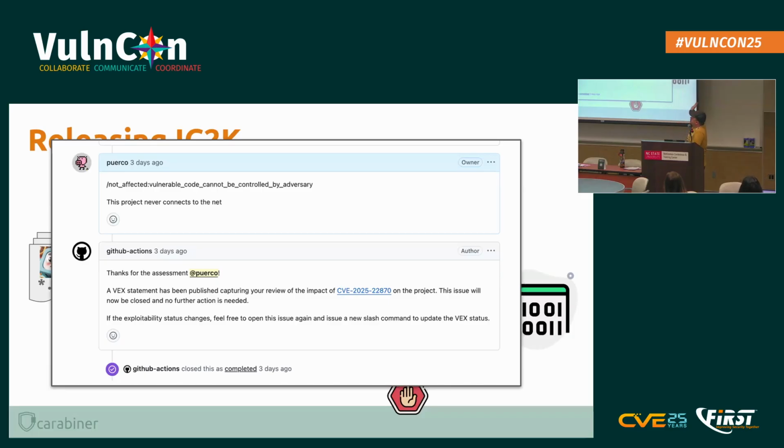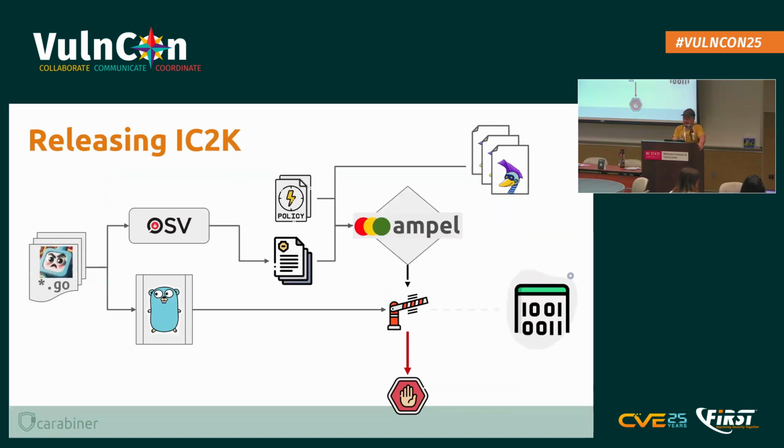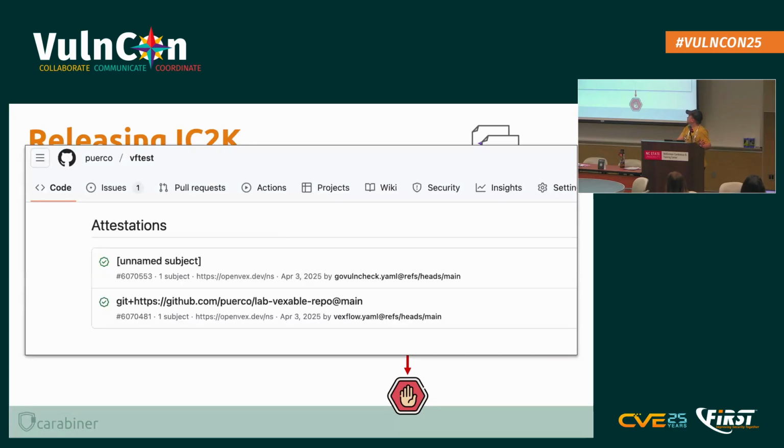After someone authorized in the owners file issues the assessment, the bot comes in, picks up the assessment that they did, transforms it to OpenVEX, and pushes it to the attestation store. At that point, you can see here, these are all screenshots from the demo, not running live.